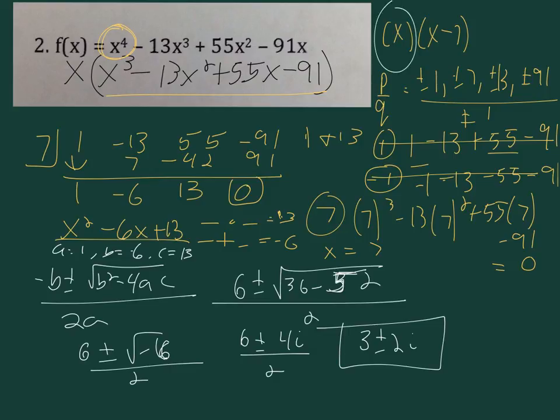We had x as a factor, which means that 0 is also a solution. Then we had x minus 7 as a factor, which means 7 is a solution. All right, so again, this was x to the 4th, meaning we should have 4 solutions. This will be 3 plus 2i is one of them, 3 minus 2i is the second, 0 is the third, and 7 is the fourth.